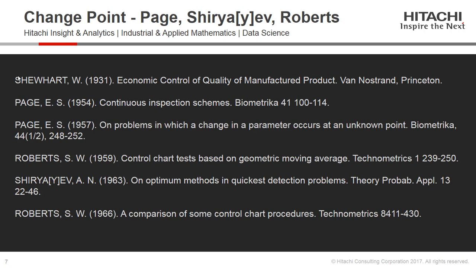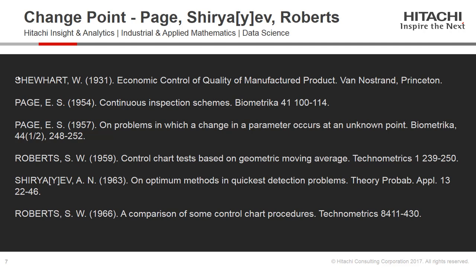There was a depression there and a world war, but you can see once prosperity returned, E.S. Page, who was at Cambridge and then Durham in the UK, started to think about continuous inspection schemes. So the idea was, can you look at these blemishes on the widgets as they roll off the conveyor and say something about them as a continuous sum?